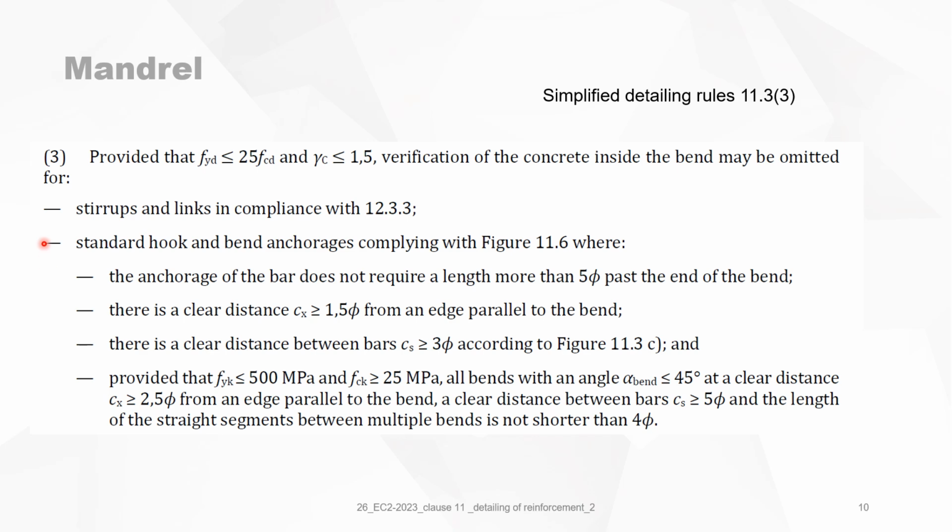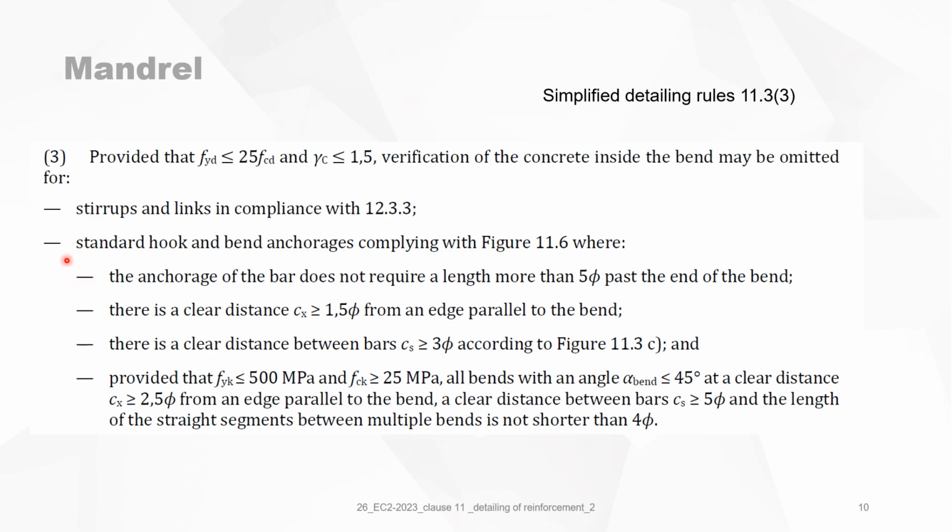It's impossible that all conditions must be fulfilled at the same time, because we've seen that stirrups and links do not comply with Formula 11.1. We've seen that in the previous videos and slides.